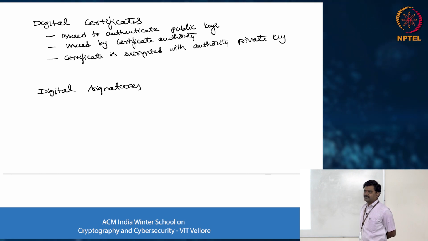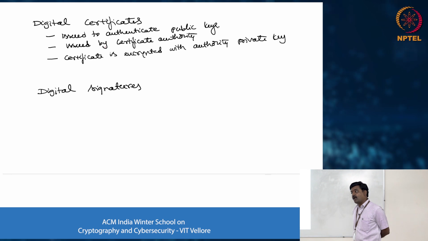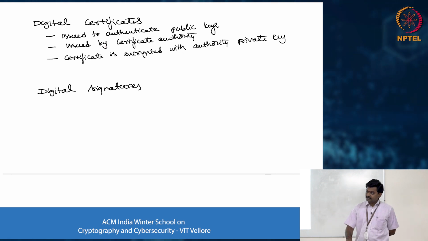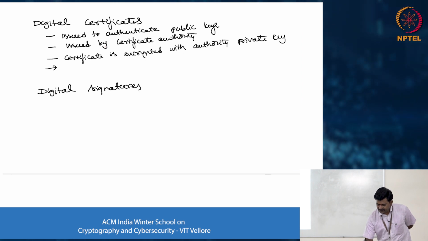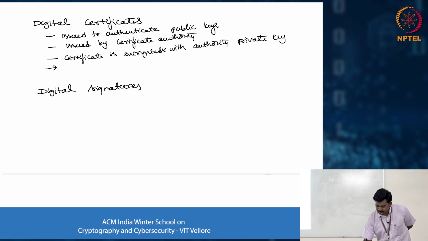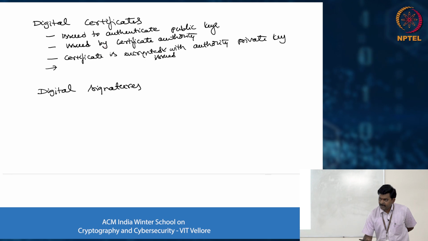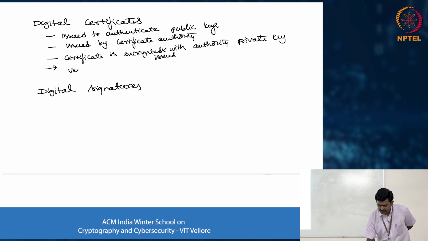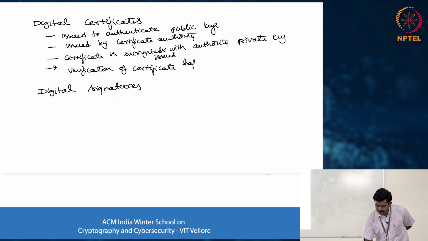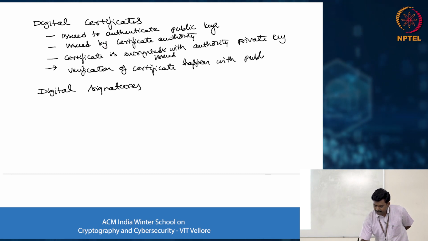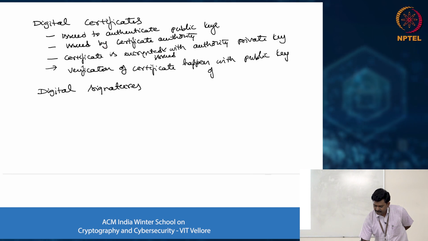It can be verified with the public key of the authority. So the certificate is encrypted and issued by the authority. Verification of the certificate happens with the public key of the authority.